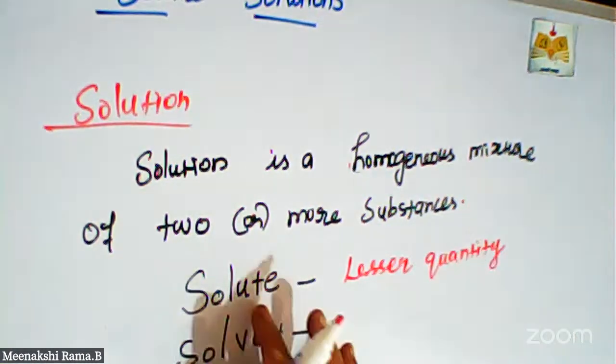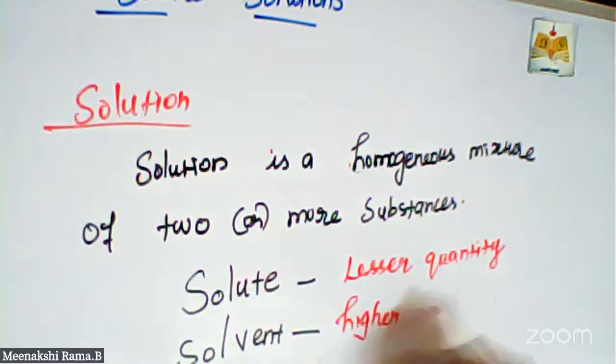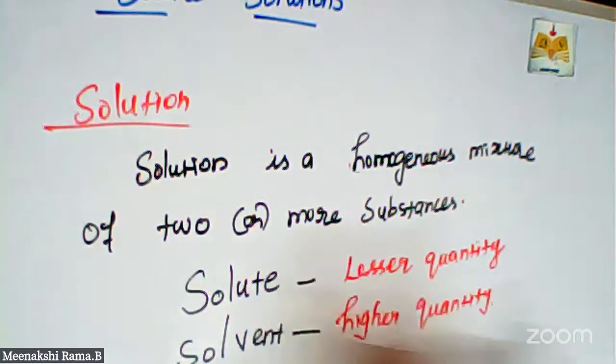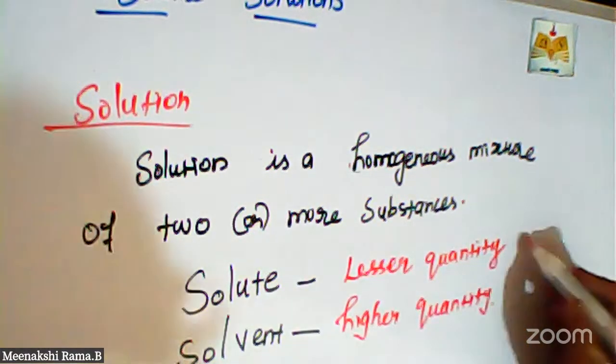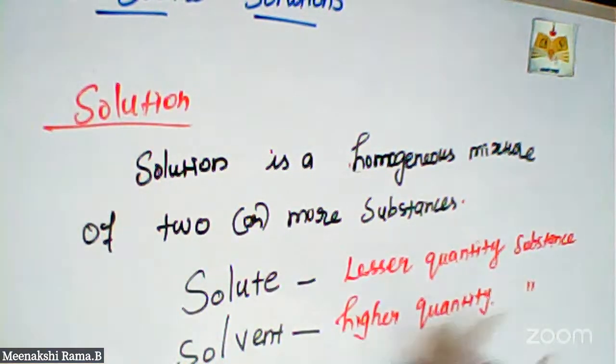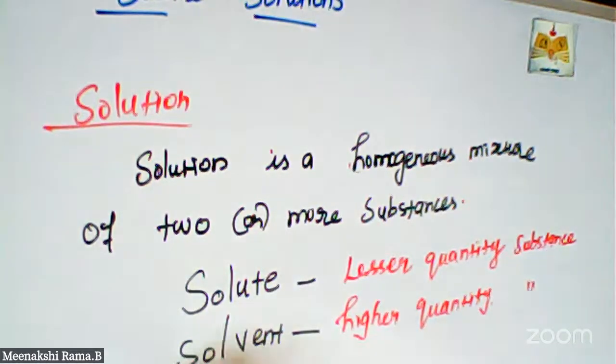Solvent is the higher quantity of that substance. So these two are the major parts of a solution. Lesser quantity is called solute. Higher quantity of substance is called solvent.